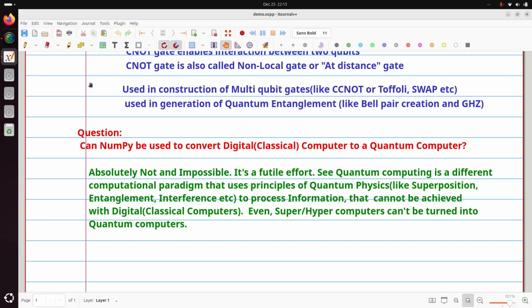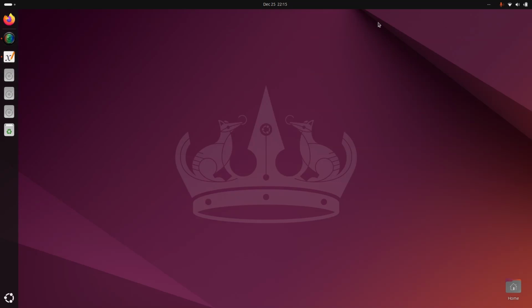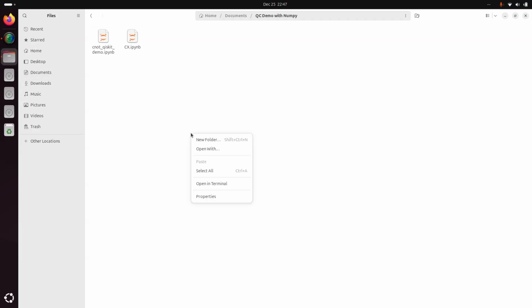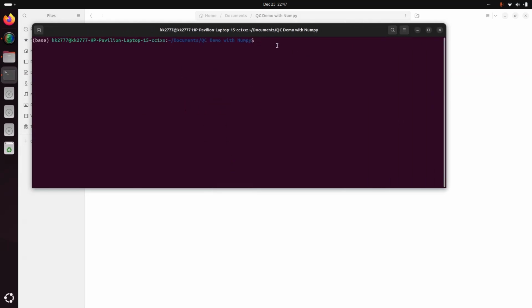Without further ado, let me show you the simple code. Okay, let me open the project first. Opening the terminal. Now the Jupyter IDE.